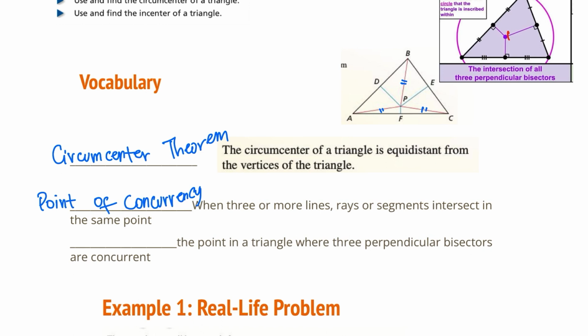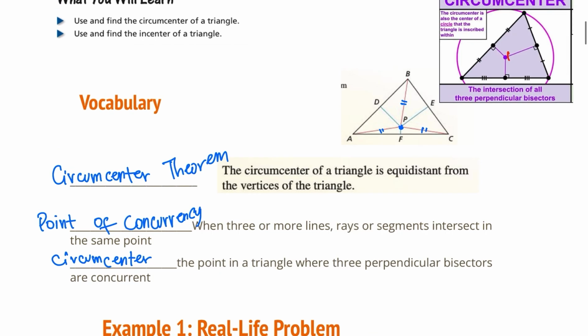And also the point of a triangle where the three perpendicular bisectors are concurrent is what you call the circumcenter. Okay, so these are the definitions of circumcenter, and I also put the illustration here.